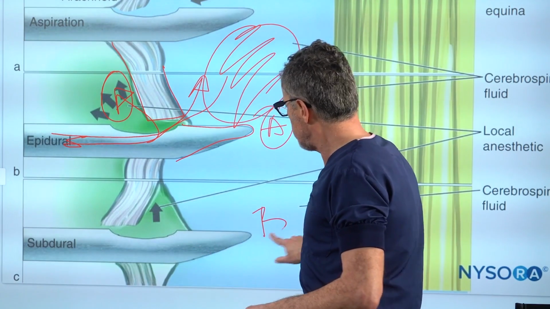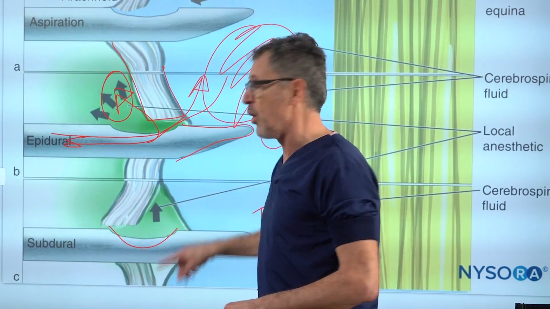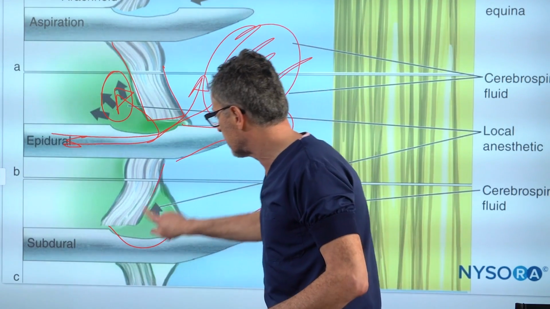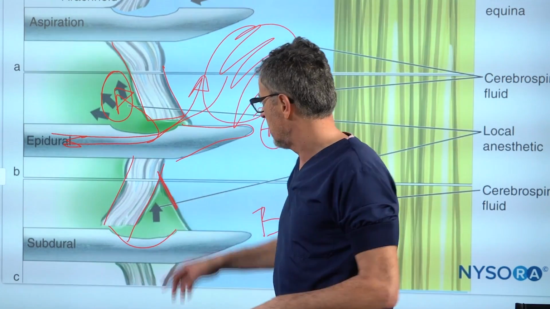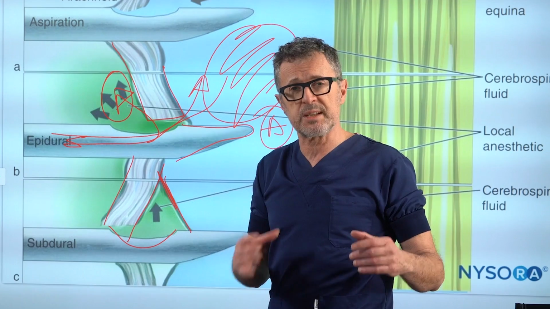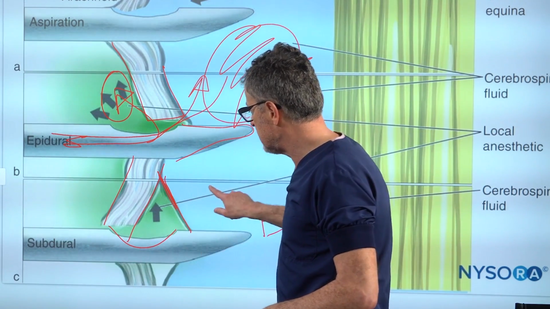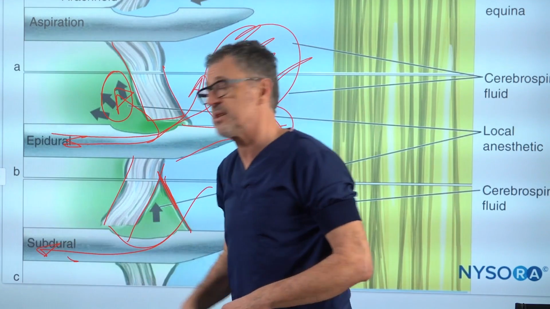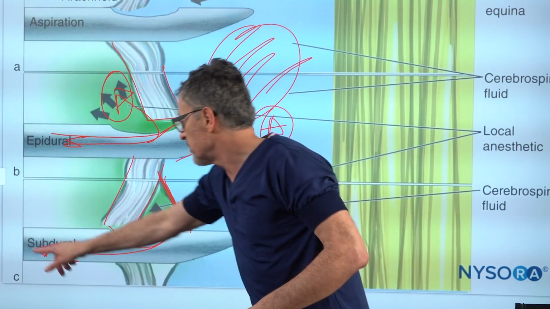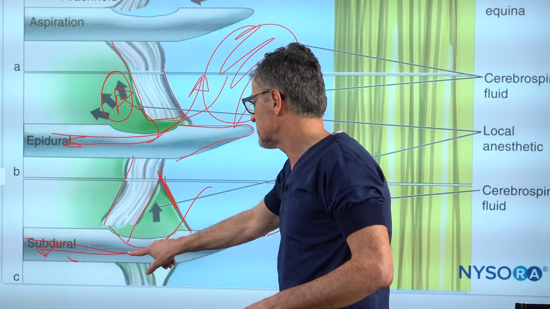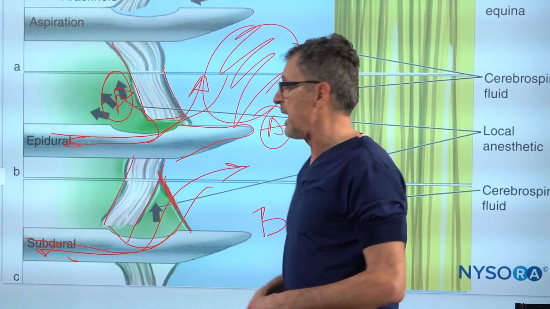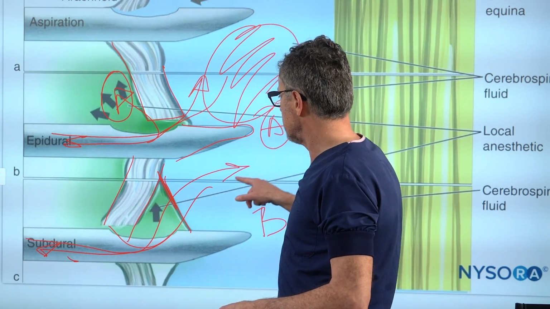In example B, what we see is the opening of the needle is now straddled partially by the dura, and it's also straddled by the subarachnoidal tissue. So in this situation, as you rotate the needle, you may be able to get the CSF flow back through the needle, but an injection of the local anesthetic through the opening may or may not occur inside the intrathecal space.